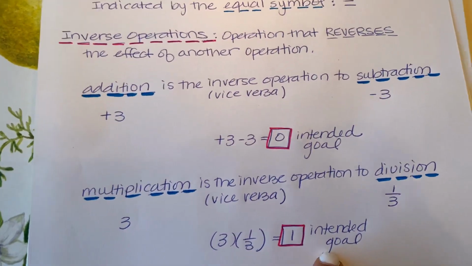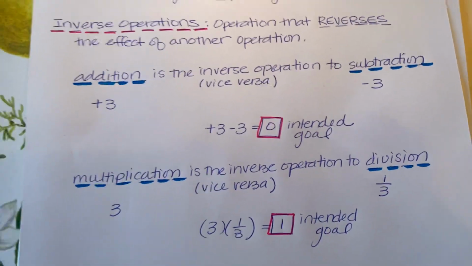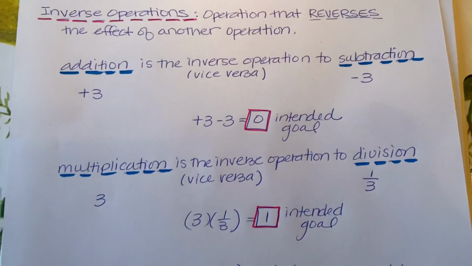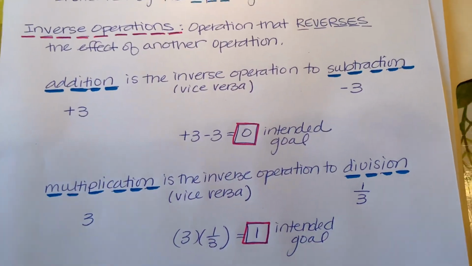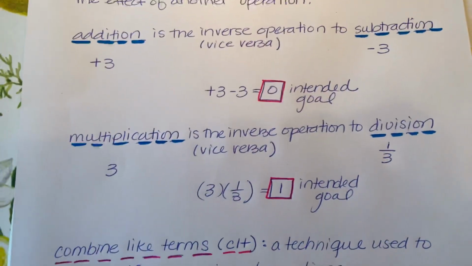That's the intended goal. So when you're solving multi-step equations, you have to know what inverse operation to use, which, you know, for multi-step, you got to take the term and you have to jump the equal sign.